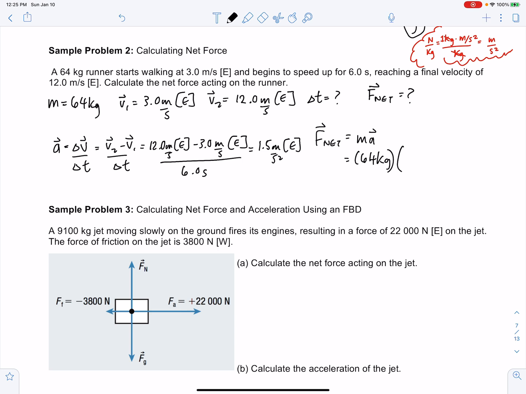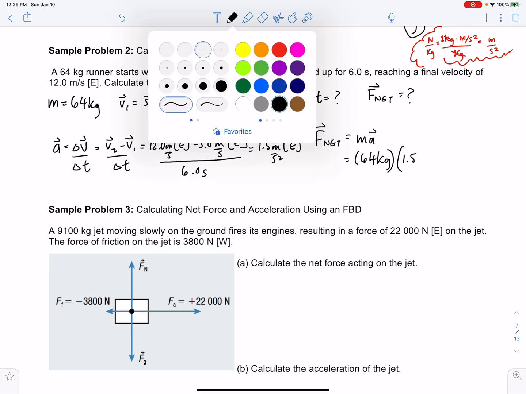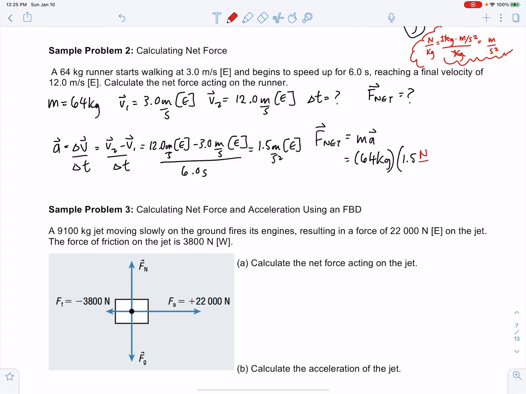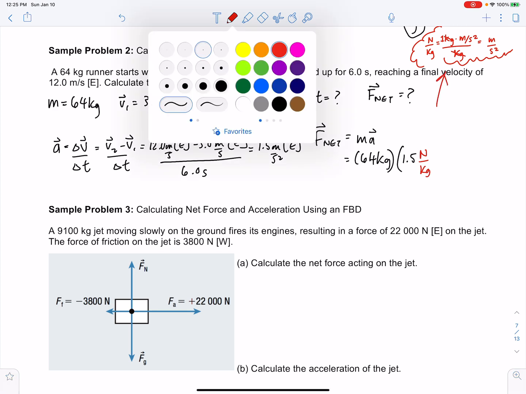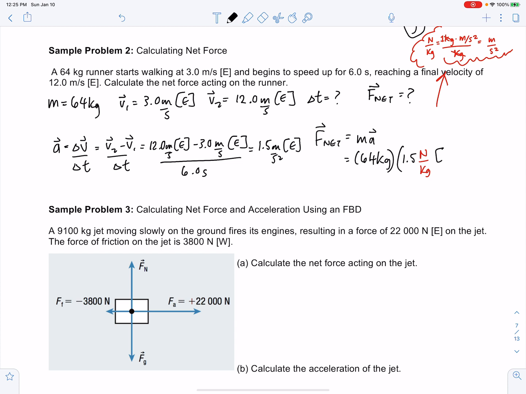But since I'm finding force, instead of writing it in meters per second squared, I'm going to write it in newtons per kilogram, because I mentioned above that they are equivalent. And you'll see why. When you multiply these together, the kilograms will cancel out and you are left with newtons as your unit. Punch these into your calculator and you end up with a net force of 96 newtons east.